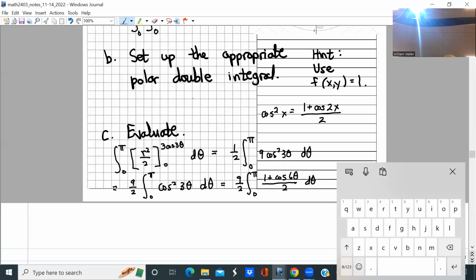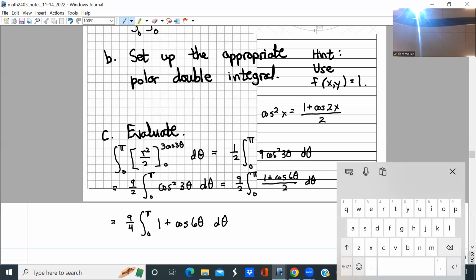So I can factor out another 1/2, so it looks like I have 9/4 here in front. And now I'm left with just trying to figure out the antiderivative of this, correct? Well, I can certainly find the antiderivative of 1 with respect to theta. What would that be? Theta, right.